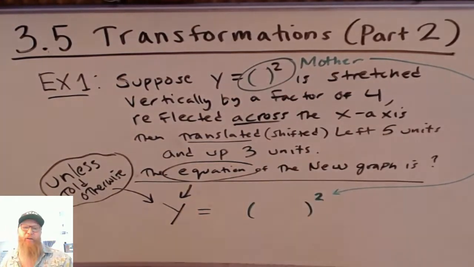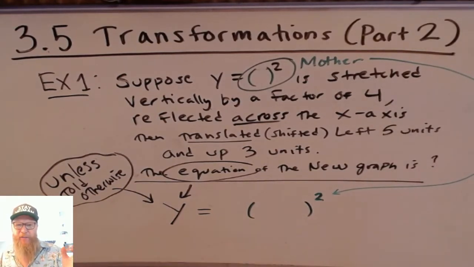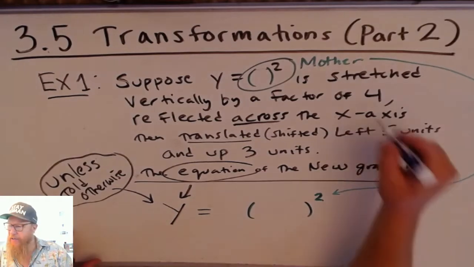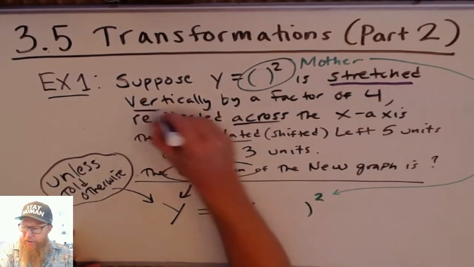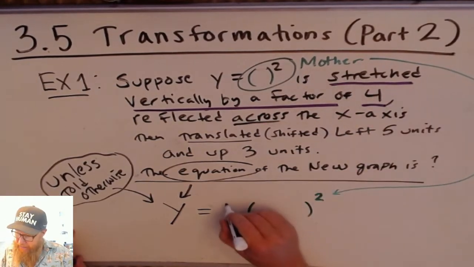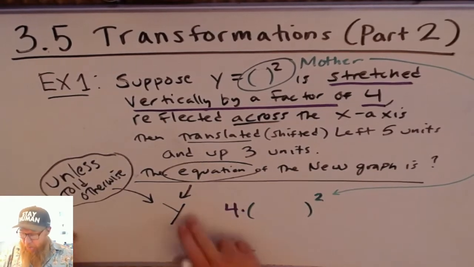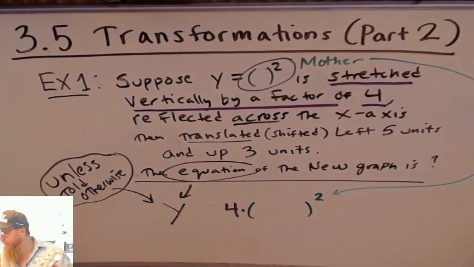That's your mother function. That's your template. Okay? And let's go through all the different transformations. There's 4 different types. So stretched by a factor of 4. So that means multiply by 4 outside of the parentheses.